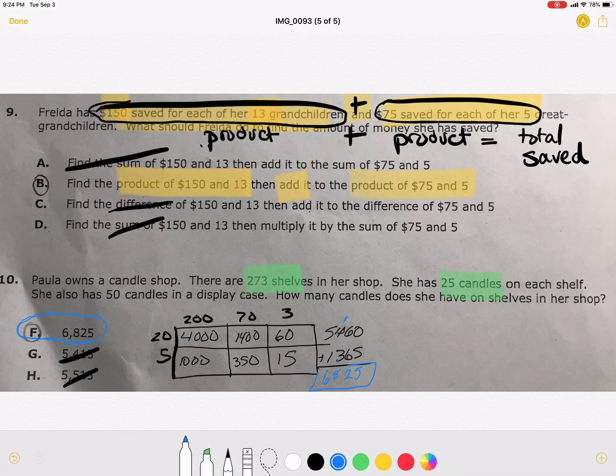Over the course of this review, I used several different methods. We looked for key questions, we looked for keywords, we did window panes, we did standard algorithm, we did an array, we did repeated addition.